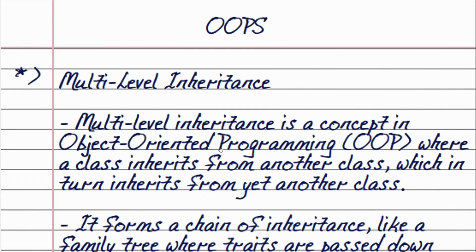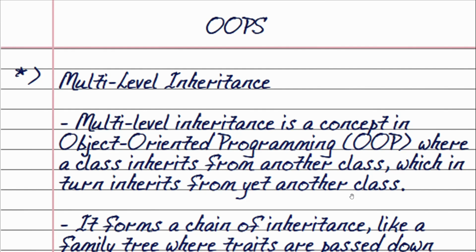So in this video, we are going to learn about multi-level inheritance. So let's start. Multi-level inheritance is a concept in OOPS, that is object-oriented programming, where a class inherits from another class, which in turn inherits from yet another class.